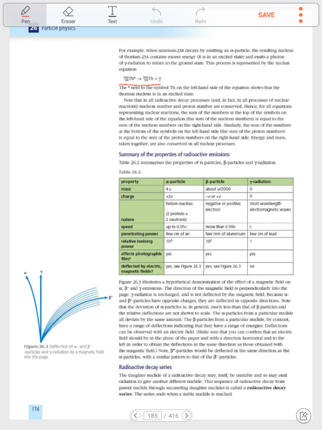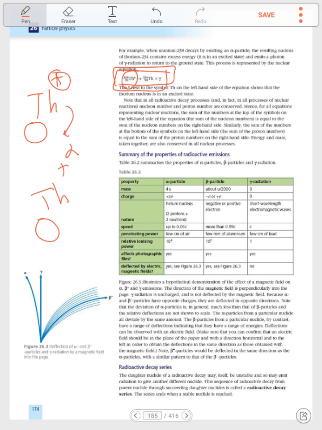Here we can see if we have excited thorium, and gamma is emitted, we will have thorium without the star. It's not excited, but the number of protons before has to be equal.